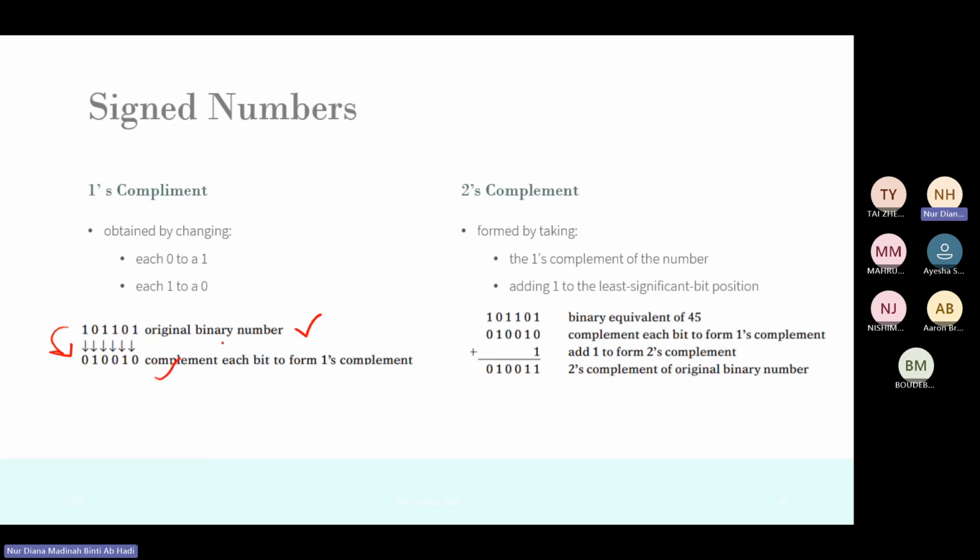For second complement, it is formed by taking the first complement of the number, and then you add 1 to the least significant bit position. So just now you have your original value, you have your first complement, and you add another 1 to form your second complement. So you will get this.